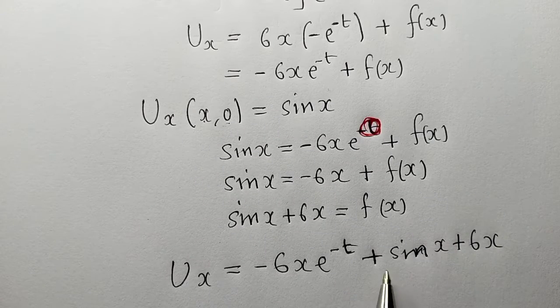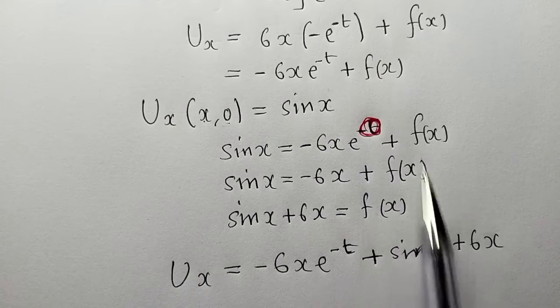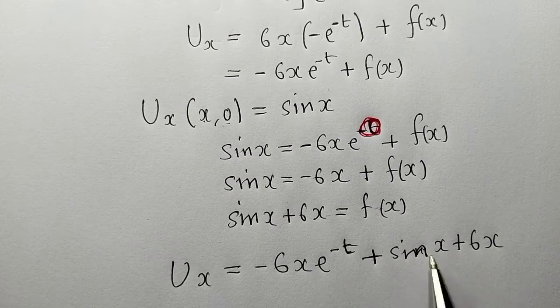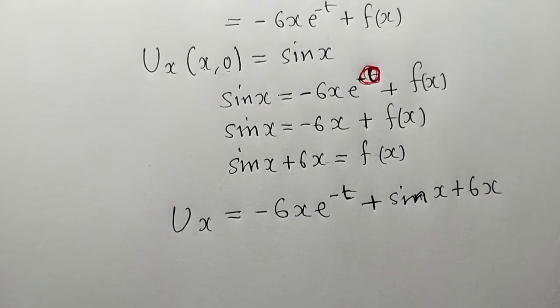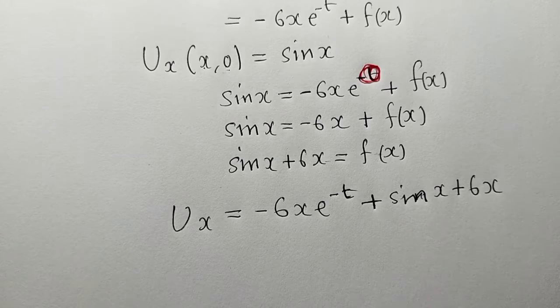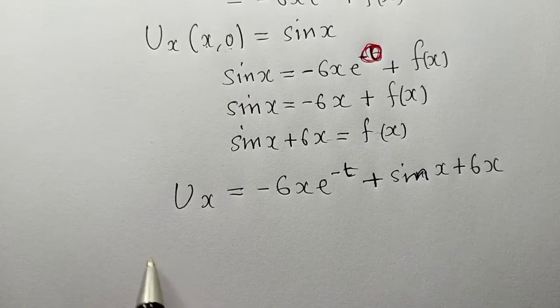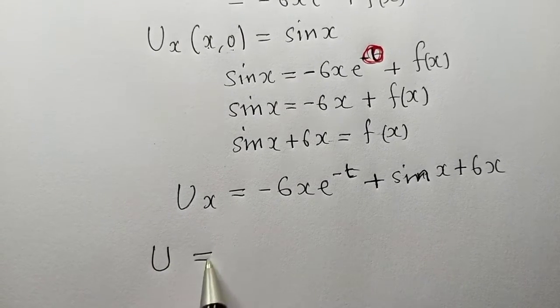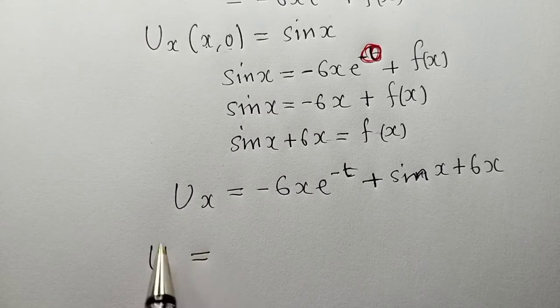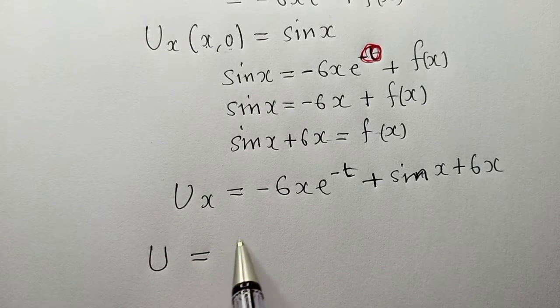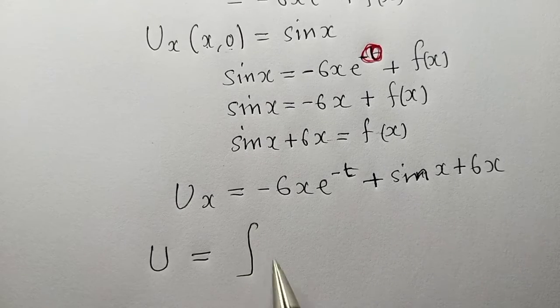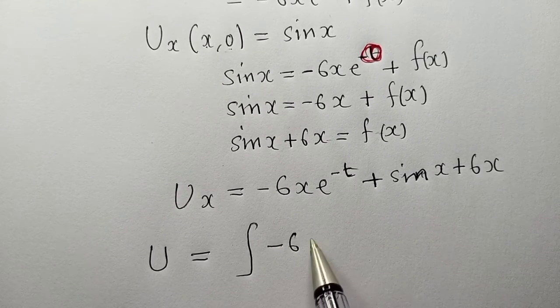Remember our f of x here, it's what we found here, so we just substitute back. Now after that, we find our u from this. So what will be our u? The u will just be the integral of everything that we found here.